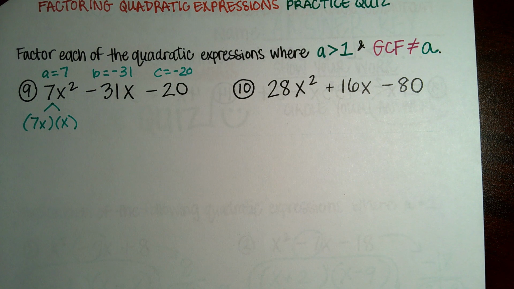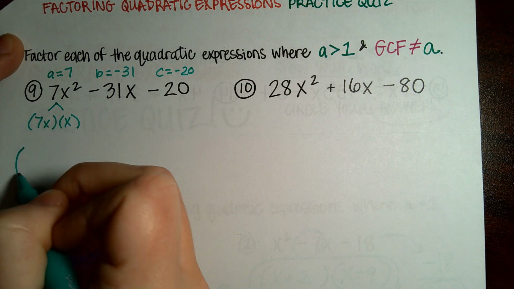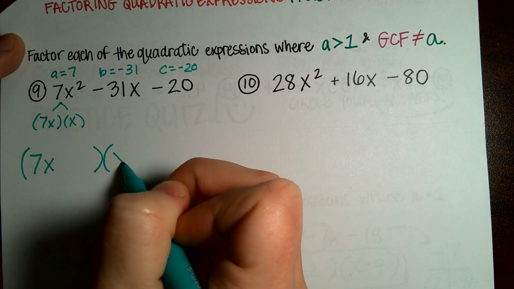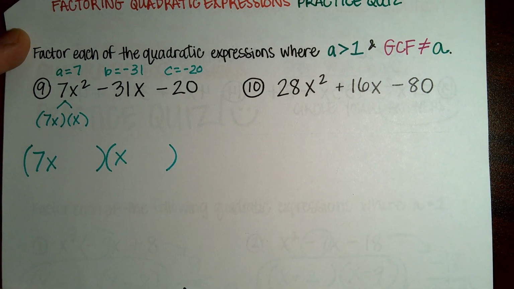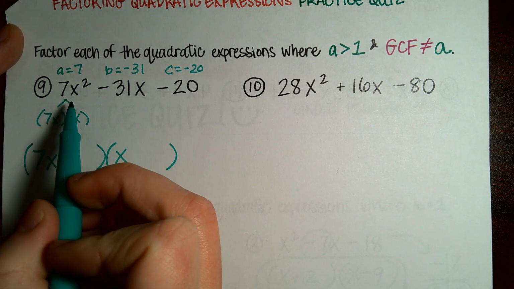Whatever our factors are, they need to multiply out to give us this original expression. So our answer needs to have a 7x plus or minus something times x plus or minus something, so that when we FOIL, our first term will be 7x squared.